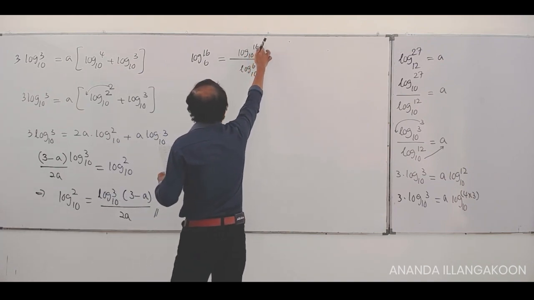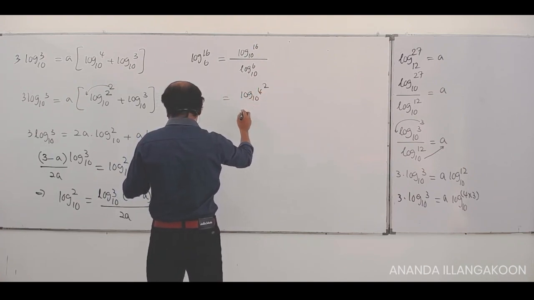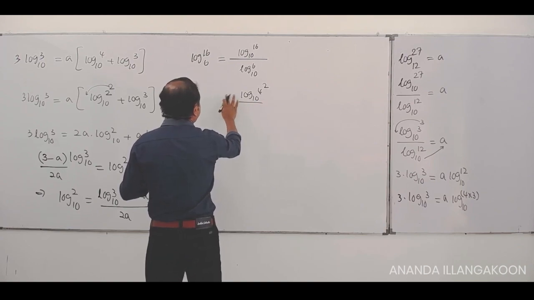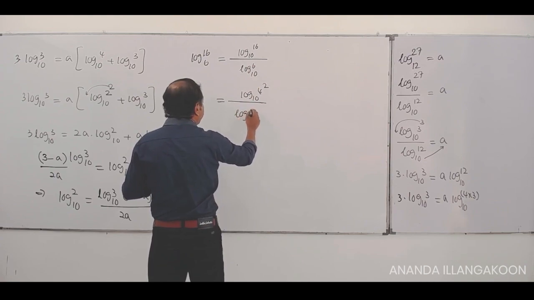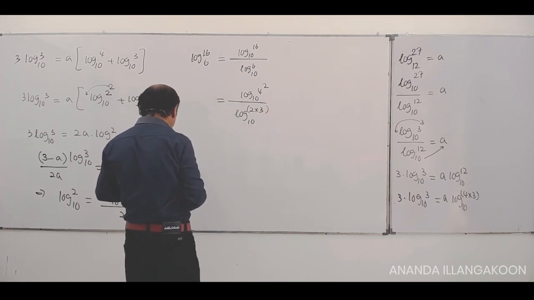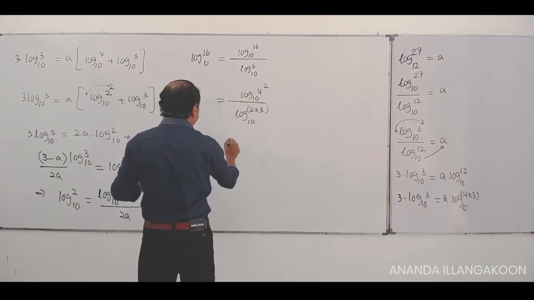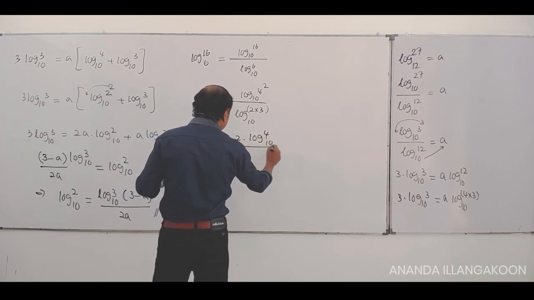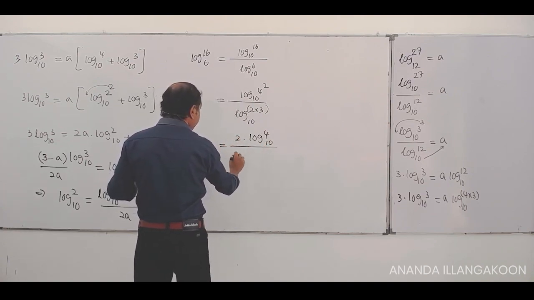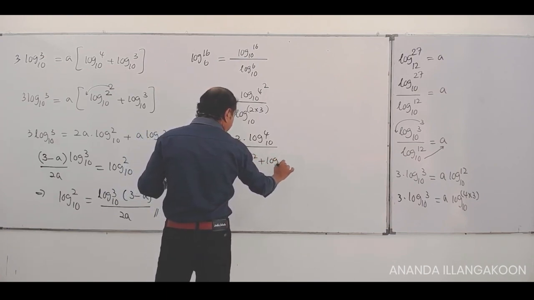The 16 I can write as 4 squared now. Six I can write as 2 into 3. This I can write as a sum. Bring this 2 before. This way.